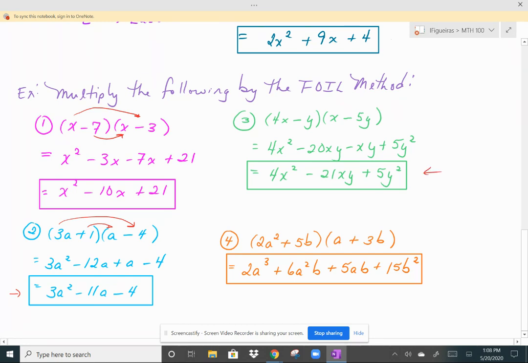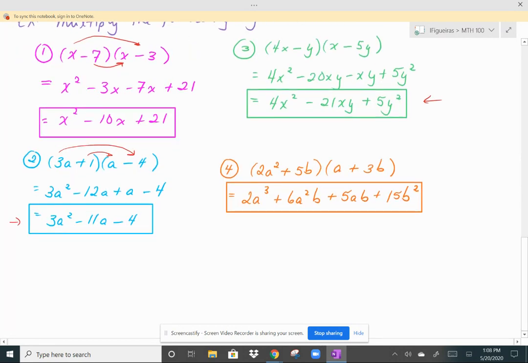All right, here's another binomial, again with variables in all positions, but there is a slight change here. I have a 2a squared in the first term, but only an a in the second binomial. So let's see how this works out. So first, 2a squared times a gives me 2a cubed. That's the first term in your answer. Then outer, well, that's going to be the 2a, I'm sorry, 2a squared and the 3b.